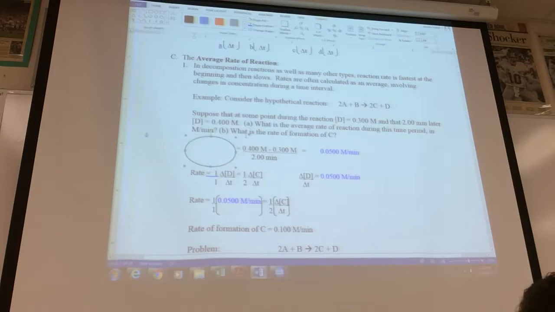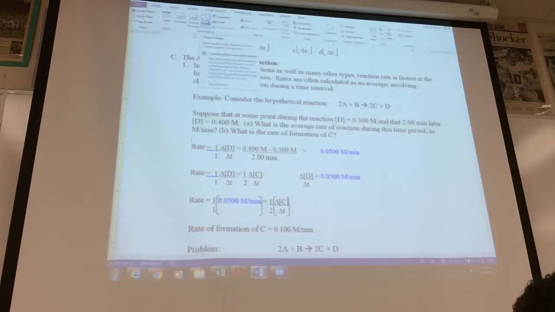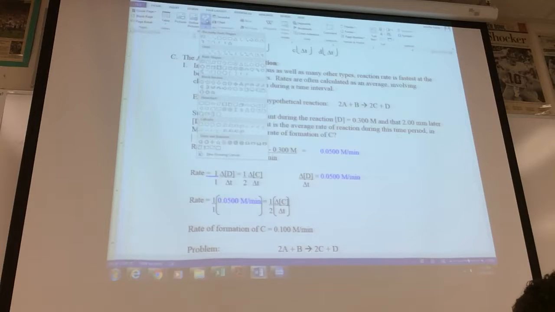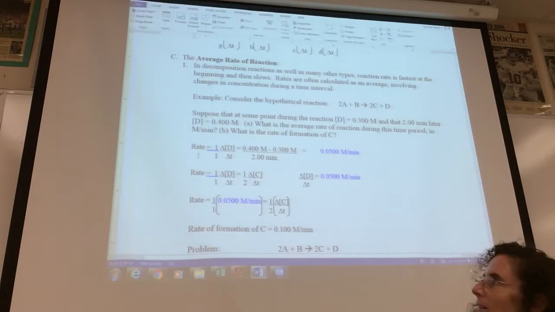Stupid thing. Here's your rate equation right here. Be nice if I could draw, right? Should have a little pencil. Forget it, I need my iPad. I'm going to draw on my iPad.